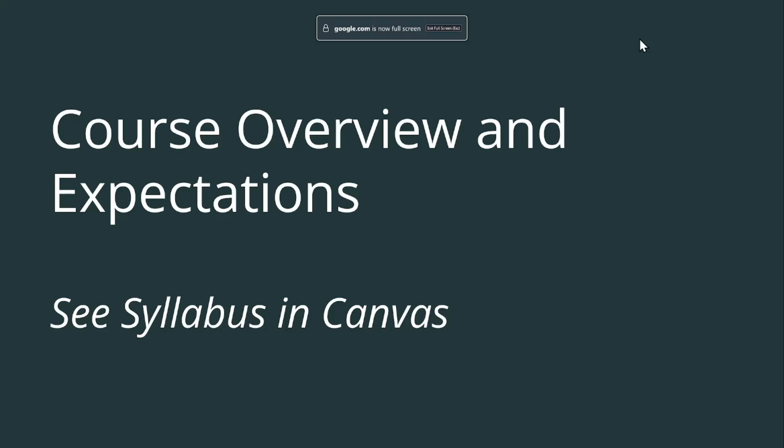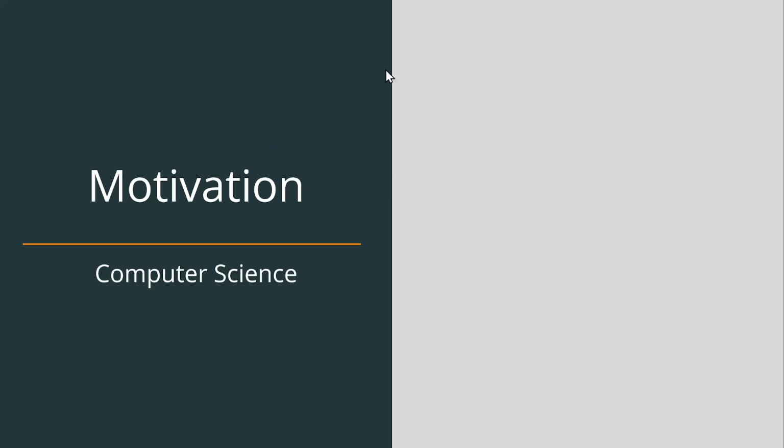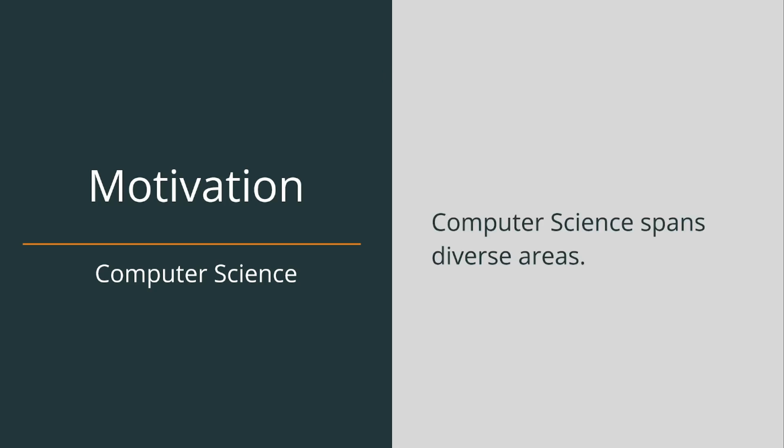All right, I want to start off with a quick motivation. Some folks, this is probably your first programming class, so let's talk about some motivating things that this field entails. Computer science spans diverse areas. There are so many areas that it touches. Almost every field has some sort of technical computer science involved in it.